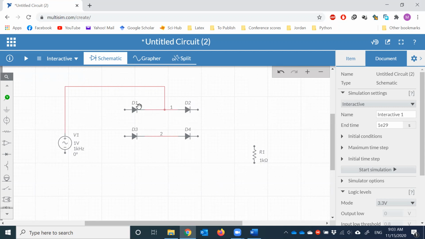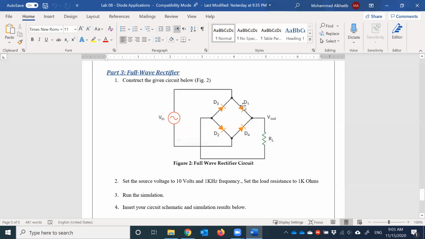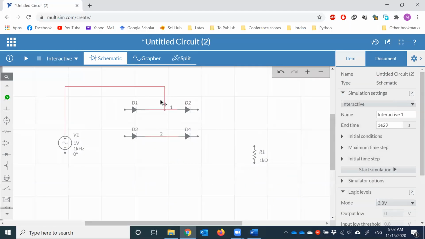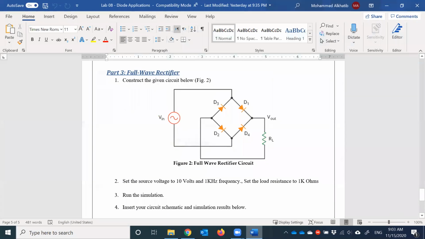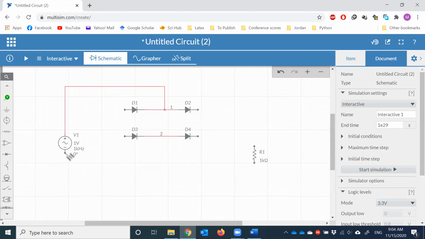So that's for the input. It's going to be between these two diodes. Again, let's not worry about the terminology here. It's showing D3, D1, D2, D4, and we have a different order. Doesn't matter. Those are just labels. And the other part of the input goes between the other two diodes. So something like this.